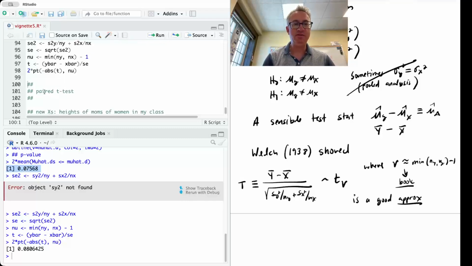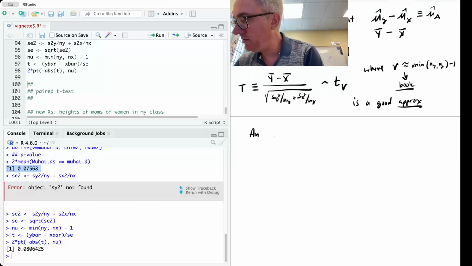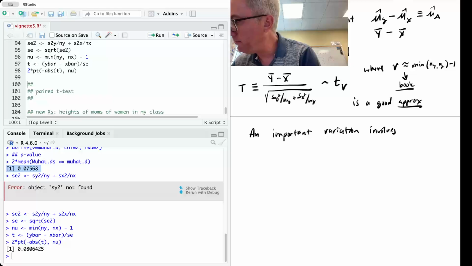Now I'm going to get to this thing that's waiting here in the R code. I want to tell you what a paired t-test is. Okay, so an important variation involves what's called paired data.